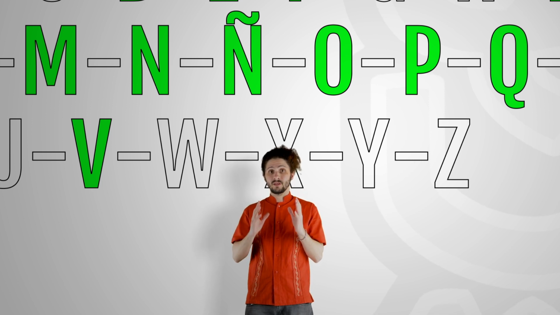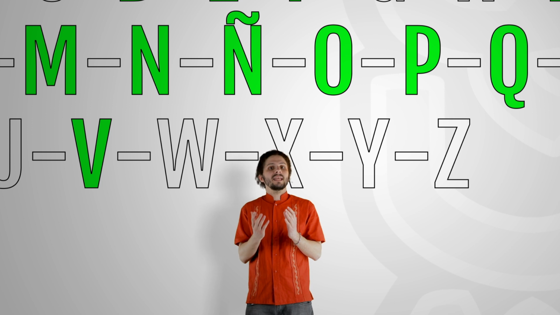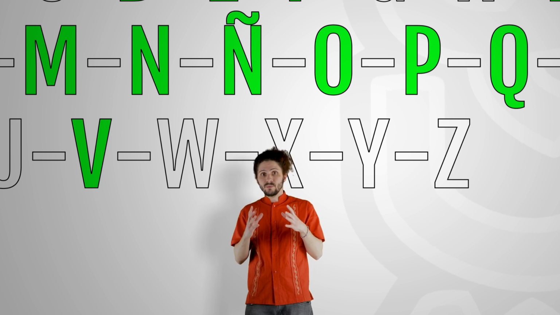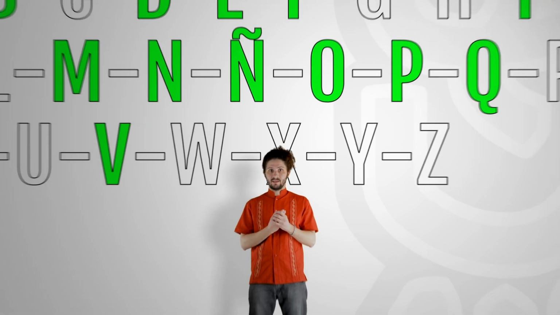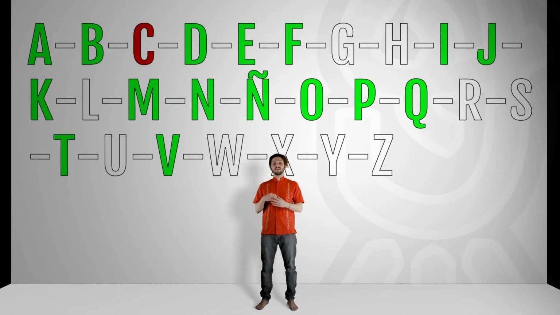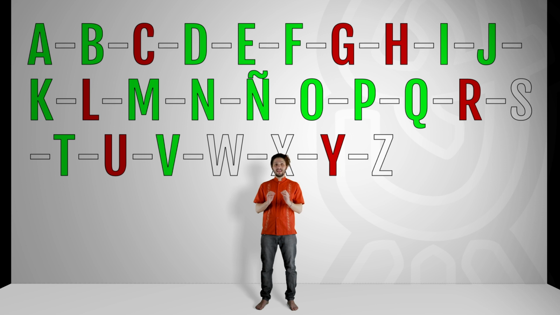We are going to focus on the ones that do change their sound depending on their location in the word or the surrounding letters. These are C, G, H, L, R, U, Y, and I'm going to include S and Z. Later, I'll tell you why.